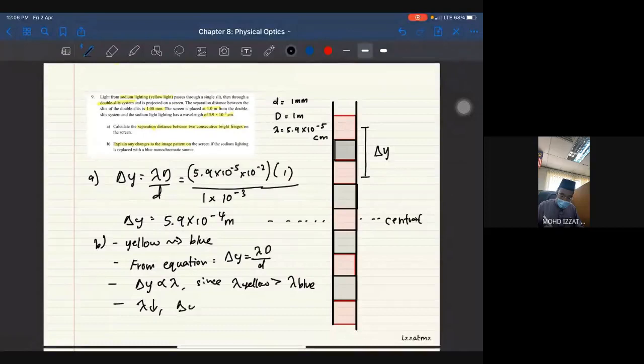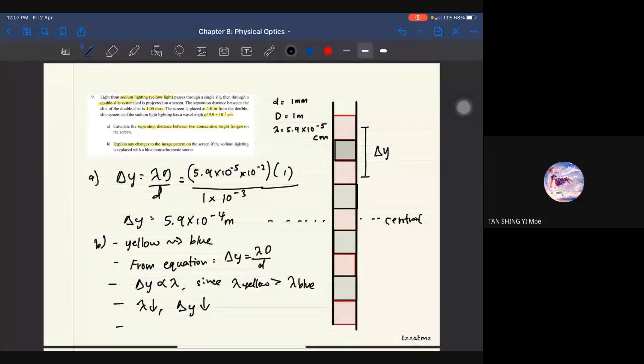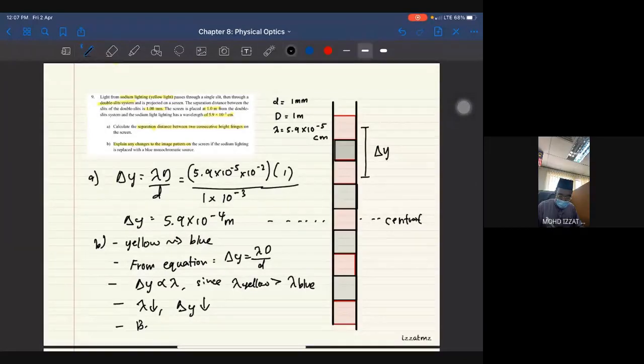Therefore, delta y also decreasing. What happened to my pattern? Apa yang berlaku pada dia? Becomes narrower. You can imagine lah, asalnya yang ni besar. Lepas tu dia mengecut. So, bila dia kecil, maksudnya dia kempis. Mengecut lah. You faham tak?